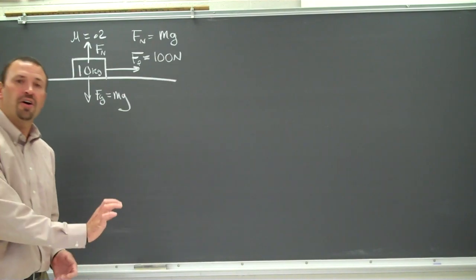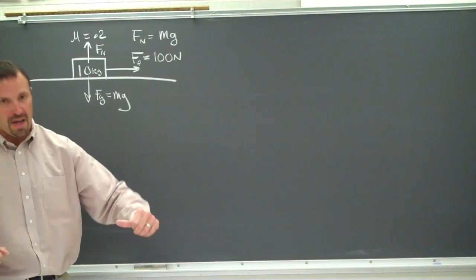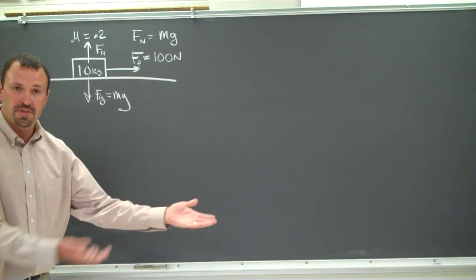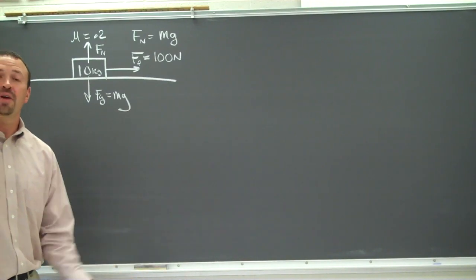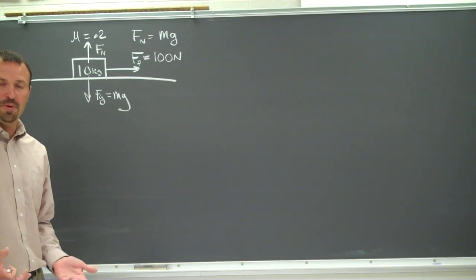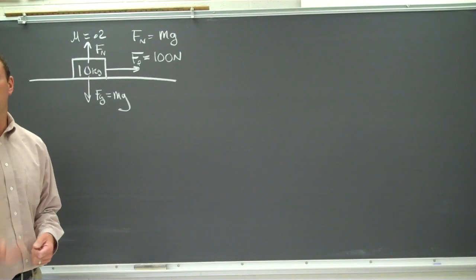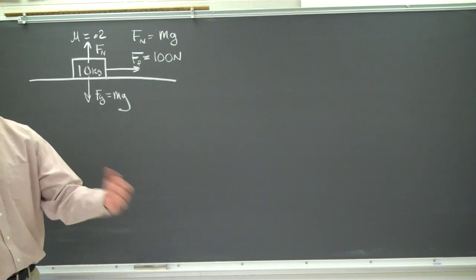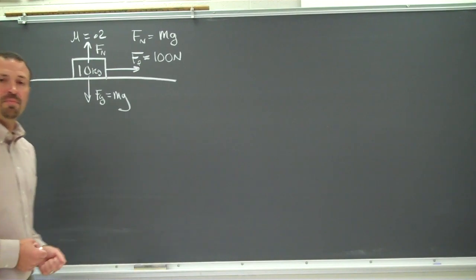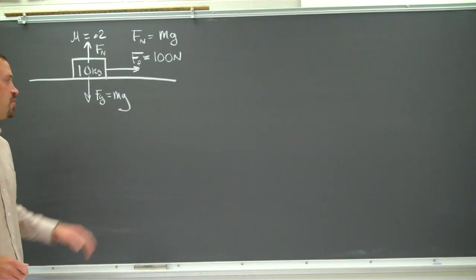So if I'm pushing on a cart with 5 newtons of force and you push back on the other side with 3 newtons of force, it accelerates as if there's 2 newtons of force. Okay? If I push with 100 and you push with 98, it accelerates as if there's 2 newtons of force. So the net force, I don't care if it's 100 minus 98, or 5 minus 3, if the net force is 2, it accelerates with an acceleration based on that net force of 2.